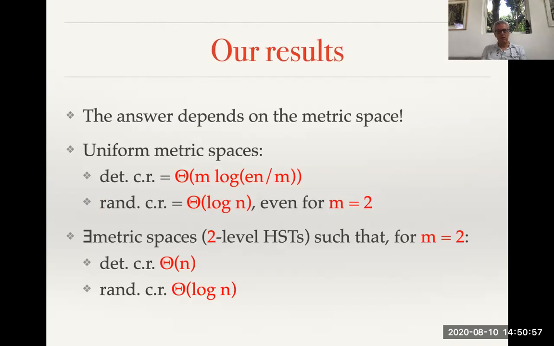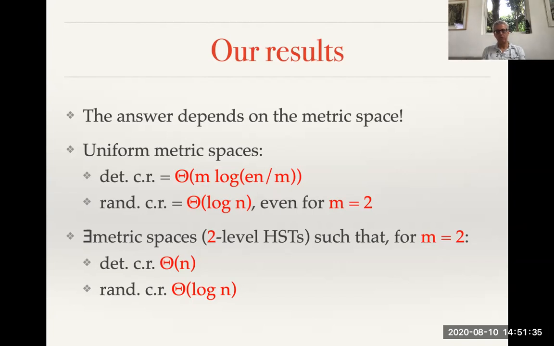So the first perhaps surprising finding is that unlike the general case of metrical task systems, here the answer actually depends on the metric space. In particular, for uniform metric spaces, in other words, one-level HSTs, it turns out that restricting the number of possible requests improves the deterministic competitive ratio.